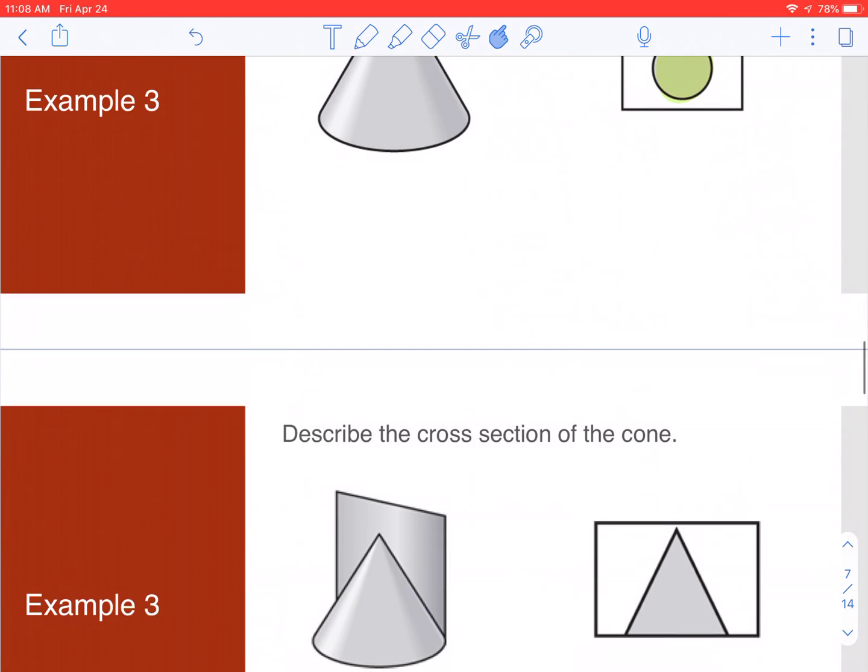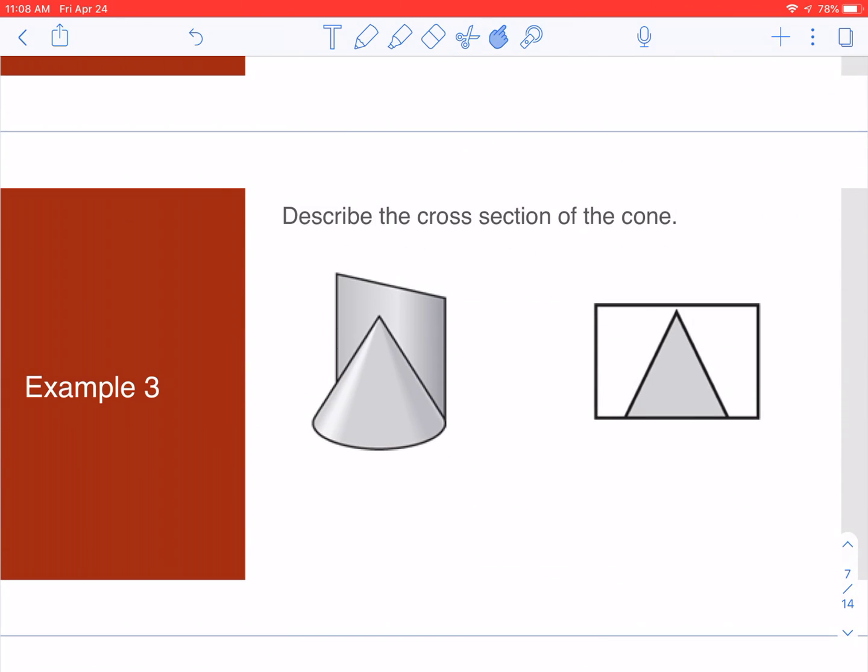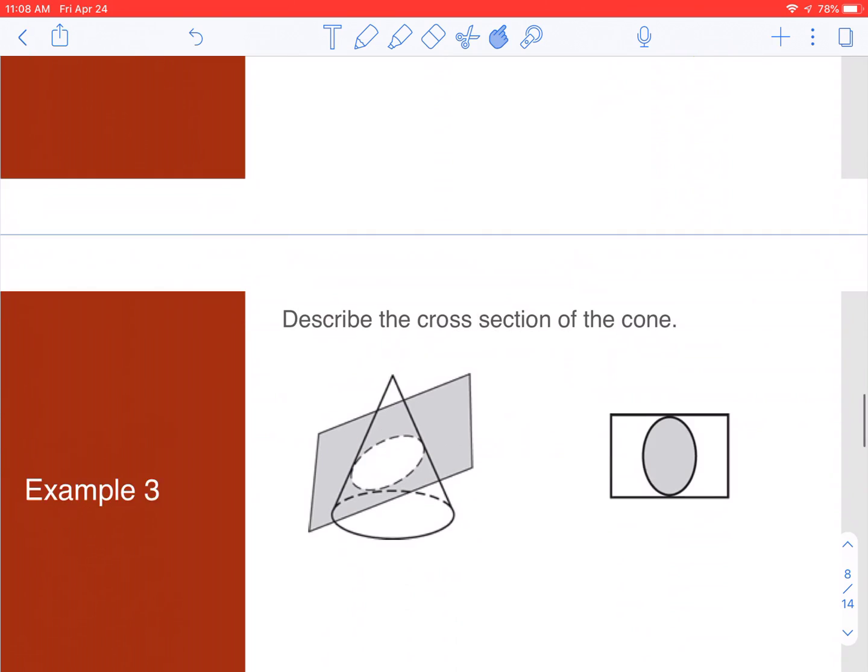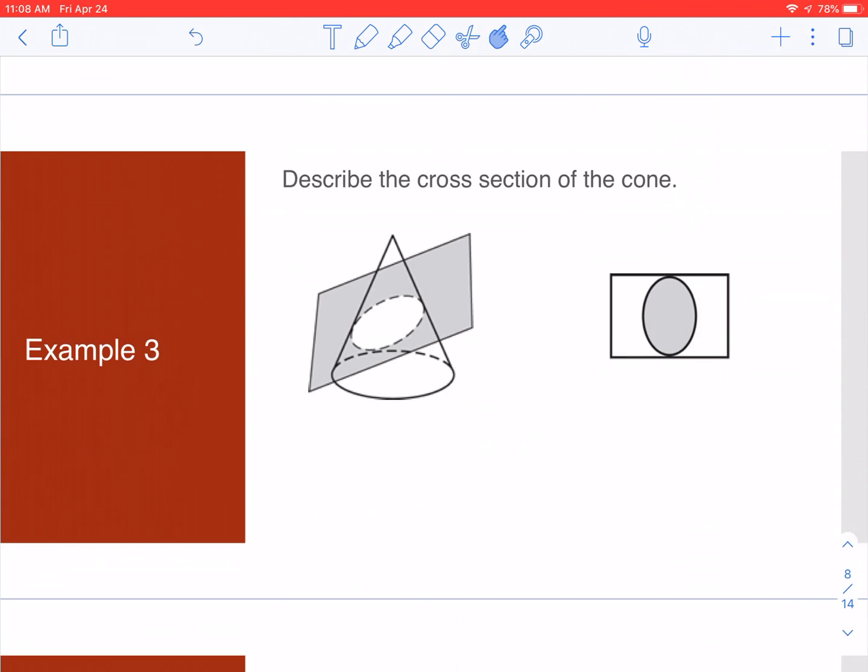If we cut the cone completely vertically, and then we opened it up and looked inside, we would get a triangle. What if we cut the cone on an angle? As you can see there, if you cut it on an angle, it's not going to be a perfect circle. If it's straight up and down, it's going to be a triangle. In this case, we would say now it is an oval.